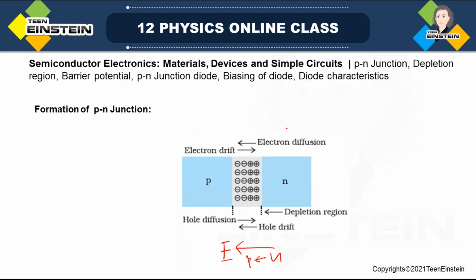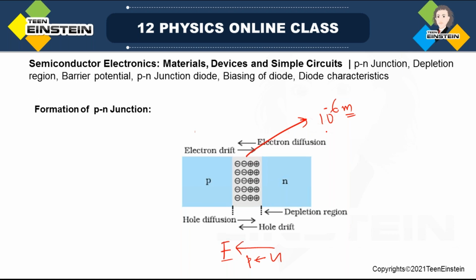But this depletion region has a very small dimension, of the order of 10 to the power minus 6 meter. That means a micrometer only, so it has a very tiny thickness.